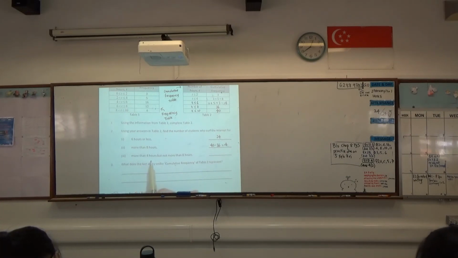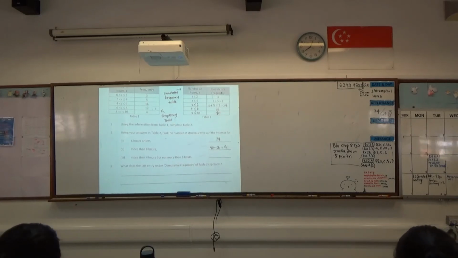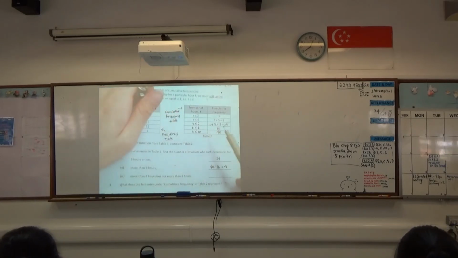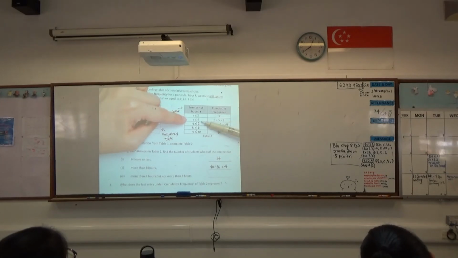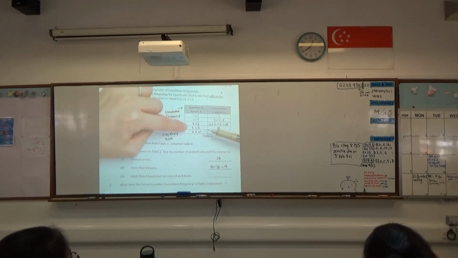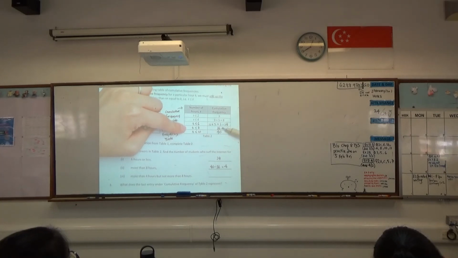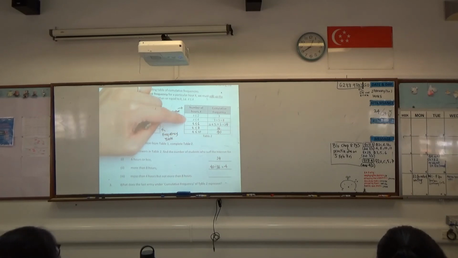I want more than 4 hours, but not more than 8 hours. So that means I'm seeking for in between 4 and 8 hours. For 4 hours, I have 8 students that spend lesser than or equals to 4. For 8 hours, I have 36 students. To get the in between, I take 36 minus away 8.